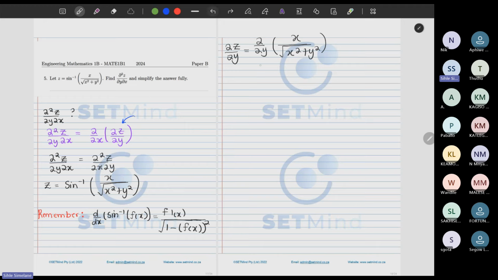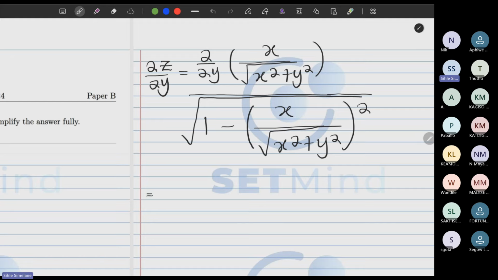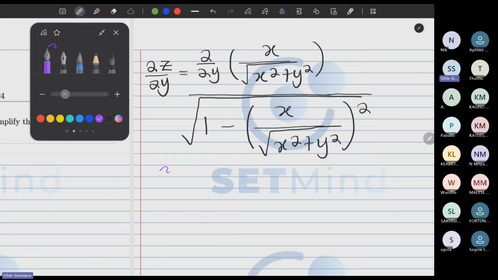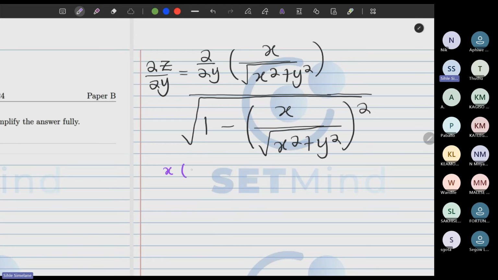So let's have a look at the numerator. When we derive the numerator, how you should look at it is as follows. That numerator is the same as x into x squared plus y squared all to the power of negative a half.